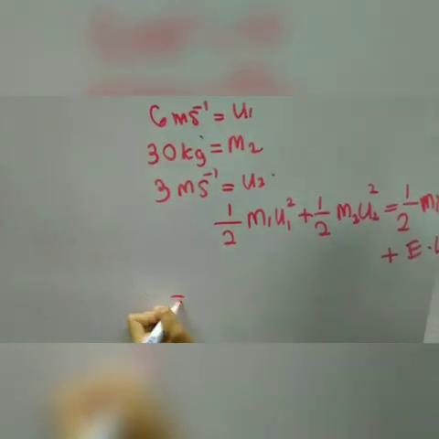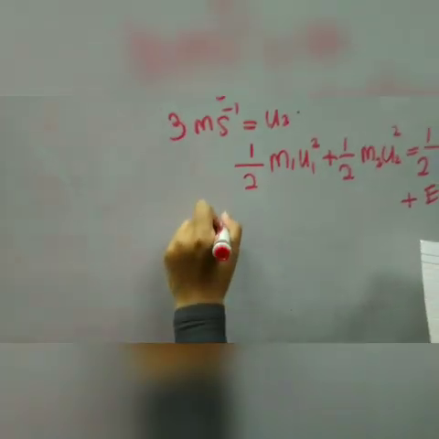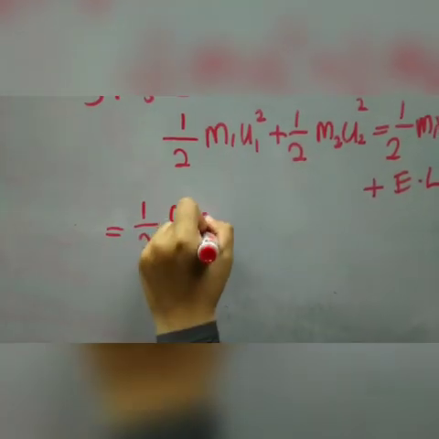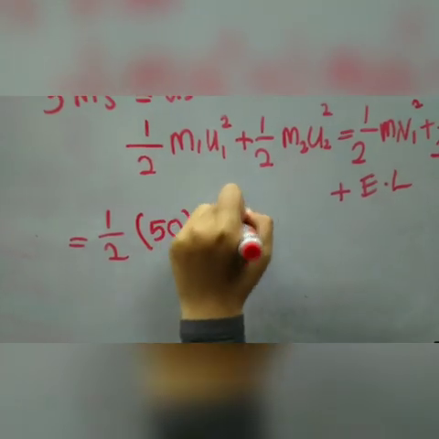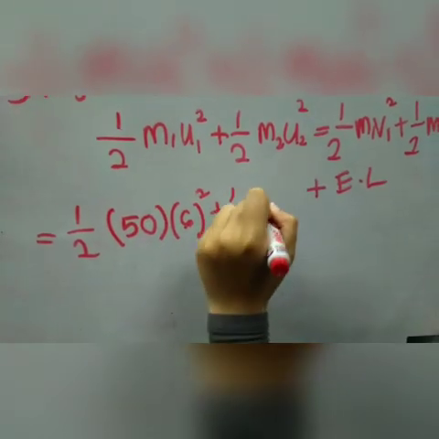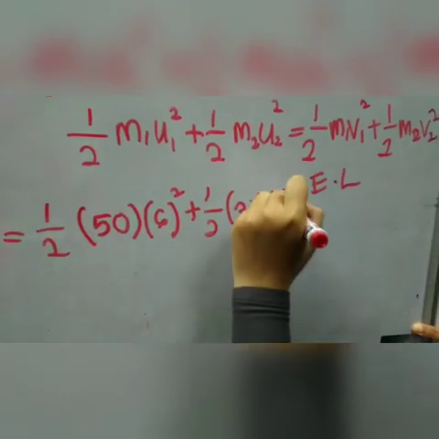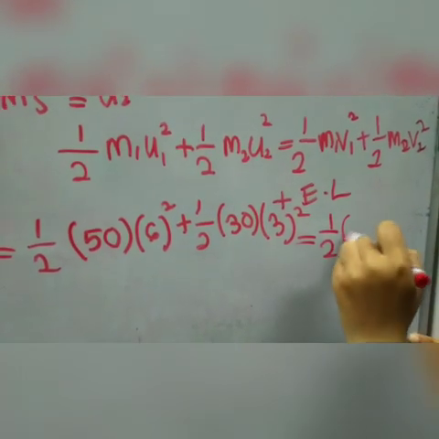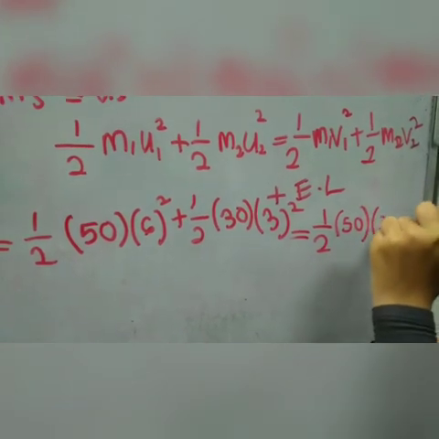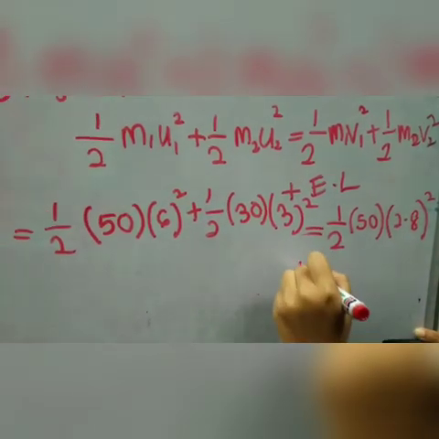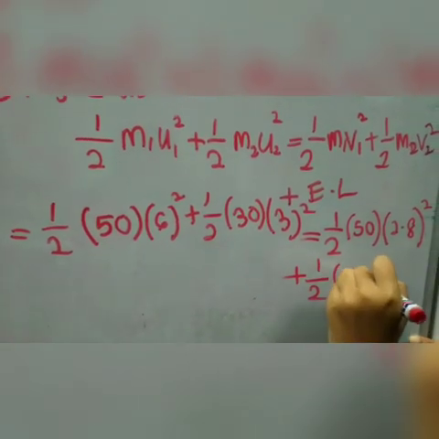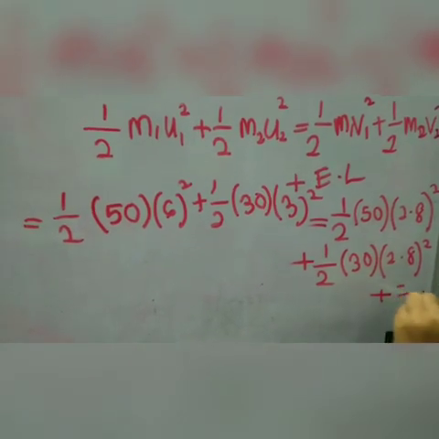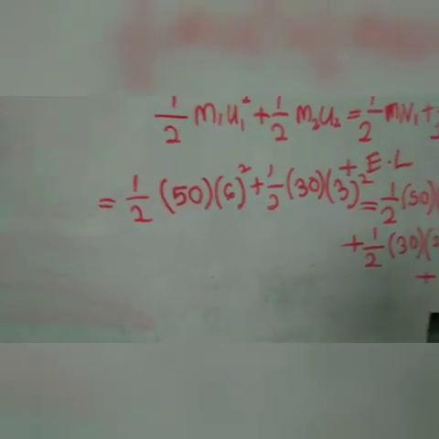Okay, so we substitute the information that was given. 1/2 multiply with 50 times 6 square plus 1/2 times 30 times 3 square equals 1/2 times 50 times 2.8 square plus 1/2 times 30 times 2.8 square plus energy loss. So we want to find the energy loss.